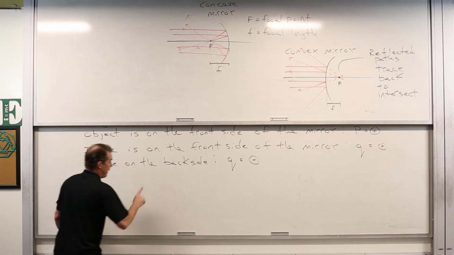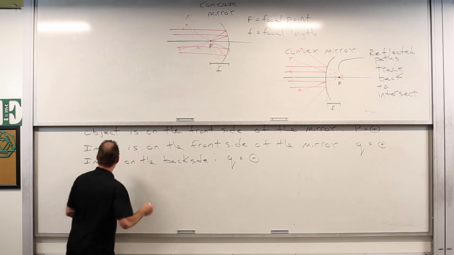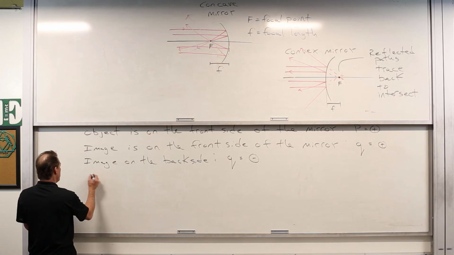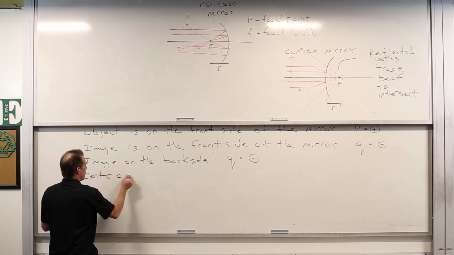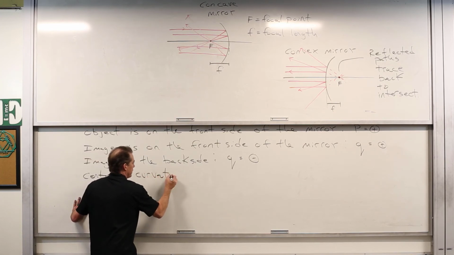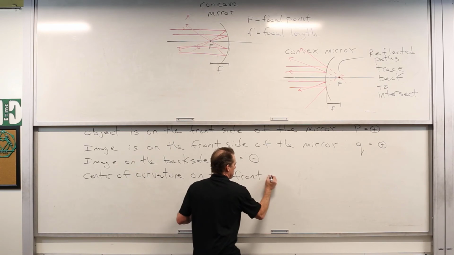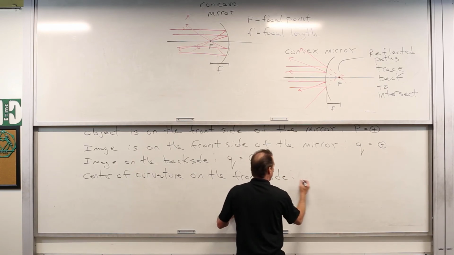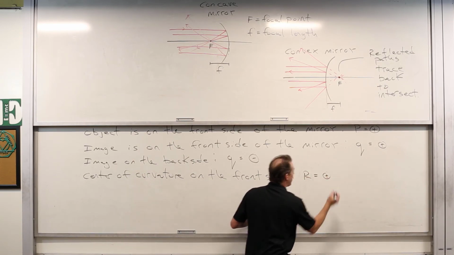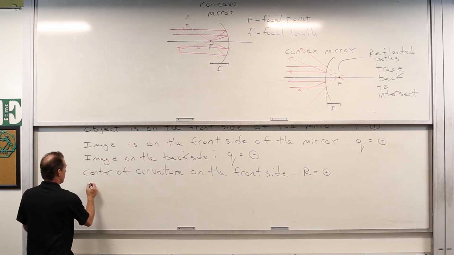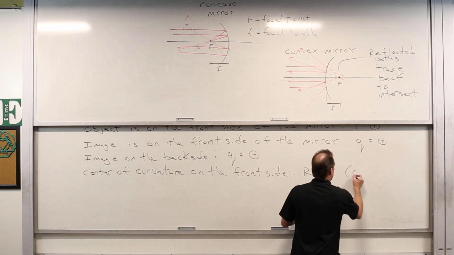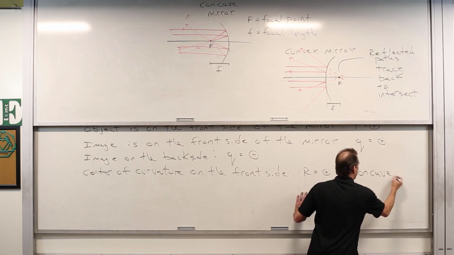All right. Then we've also got the radius of curvature. If the center of curvature is on the front side, R is considered to be a positive quantity, and this would be a concave mirror.